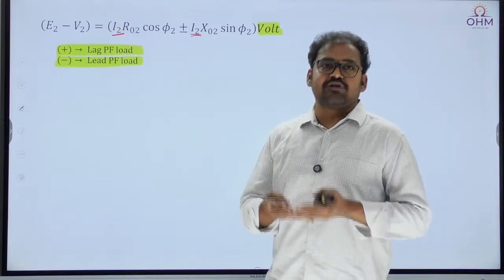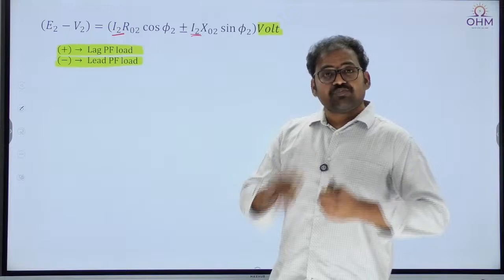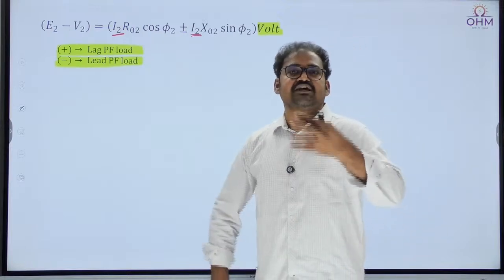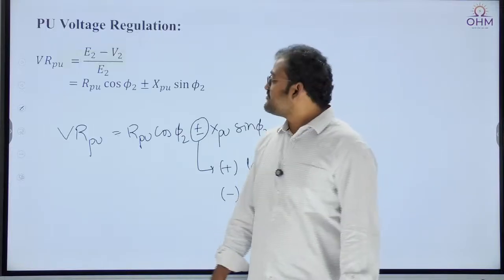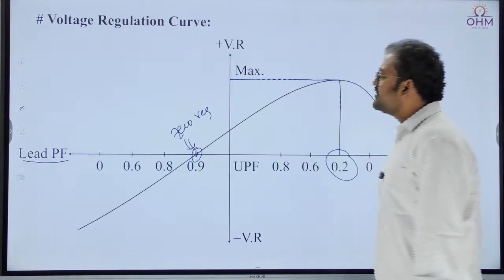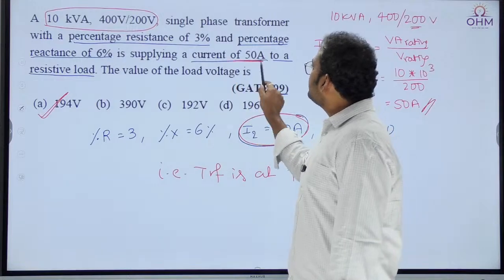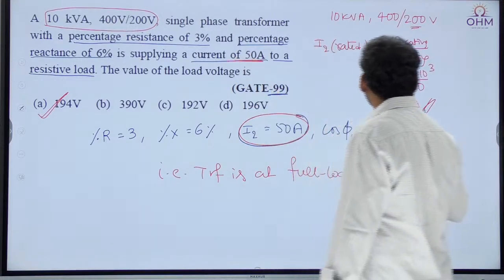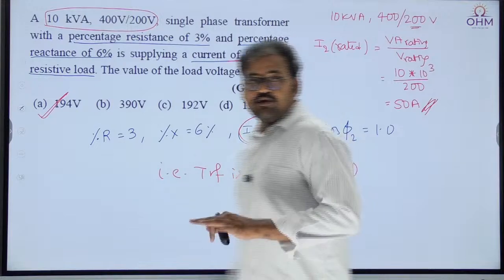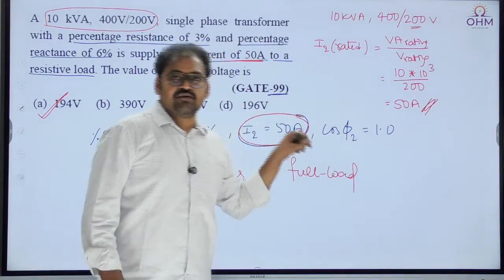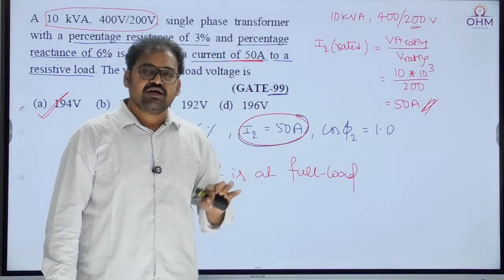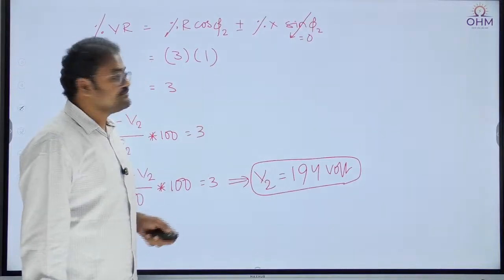That means if you know full load regulation, then at X percentage load, regulation will be X times the full load regulation. That is why whenever a problem is given related to voltage regulation, the first thing you need to do is compare the load current with the rated current of the transformer. Fortunately here, load current and rated current both are the same. That means the transformer is at full load. That's why I'm directly using this formula.